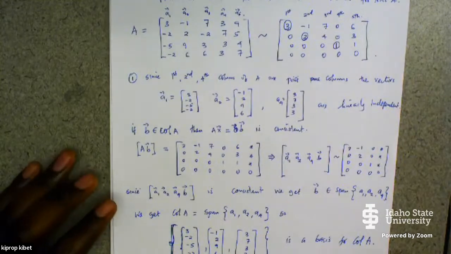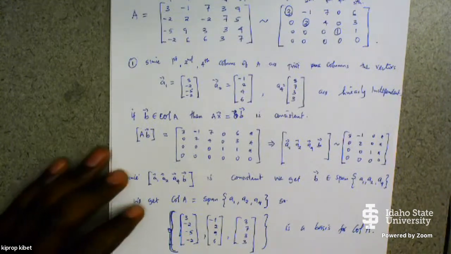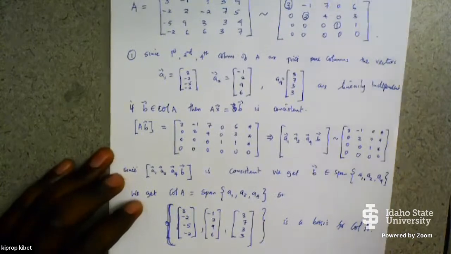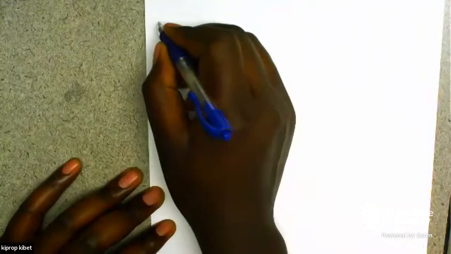Okay, now what about the null space of A? This one is number 2.